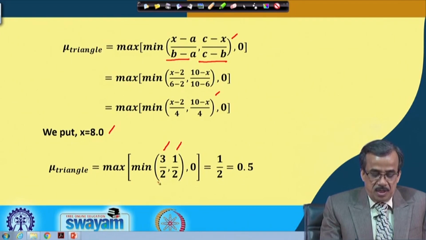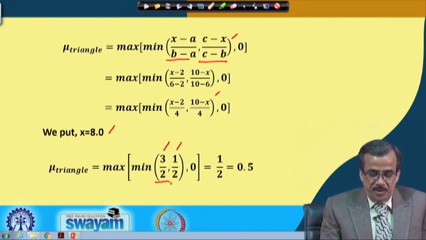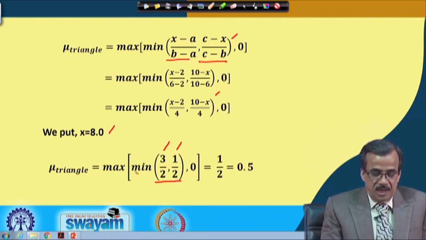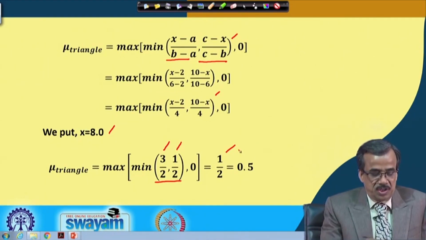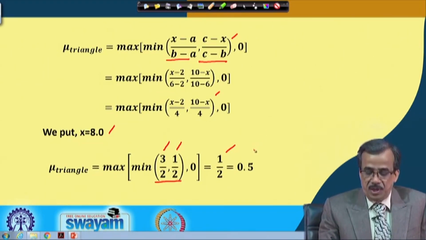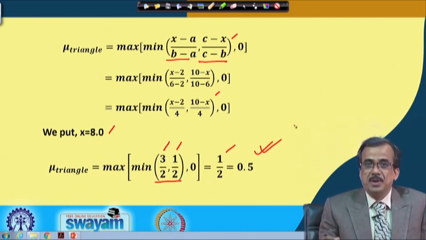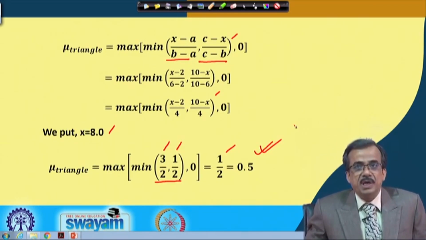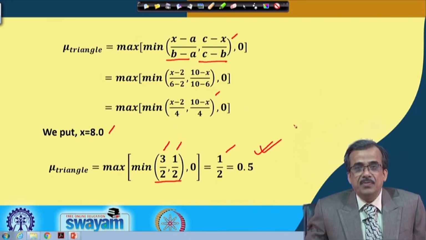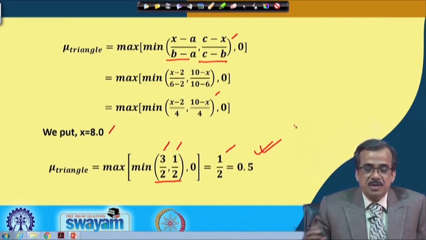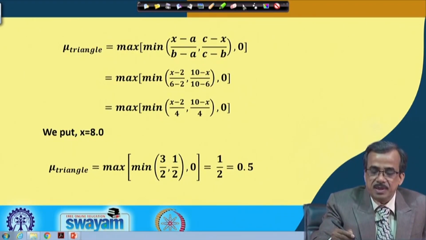We find the minimum between 3 by 2 and 1 by 2, and the minimum is half, and now we find the maximum between half and 0, and that is nothing but half. So, this mu triangle comes to be equal to 0.5. This is the way, corresponding to a particular value of x, we can find out the value of the membership for the triangular membership function distribution.